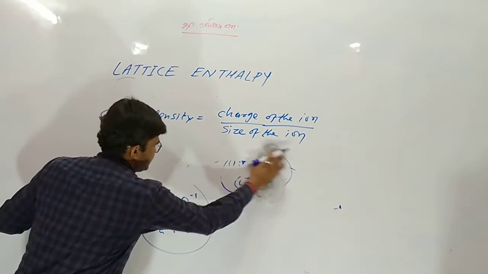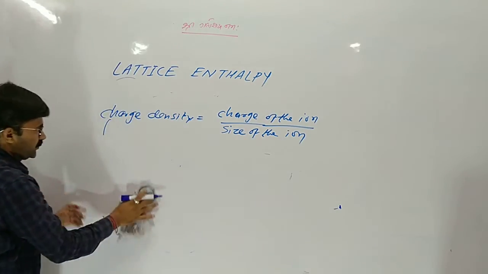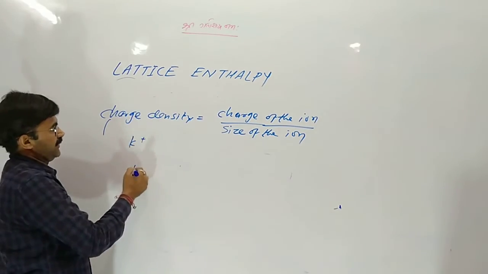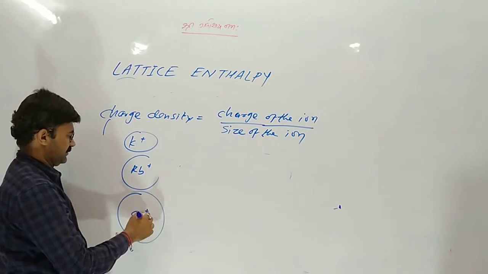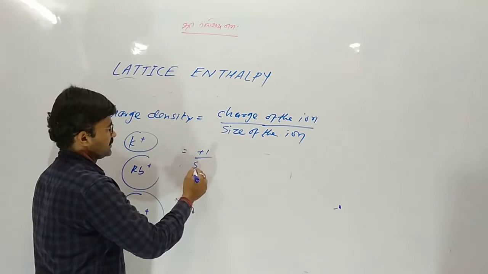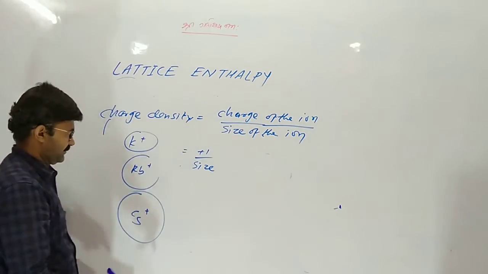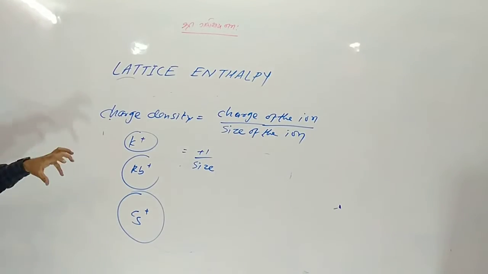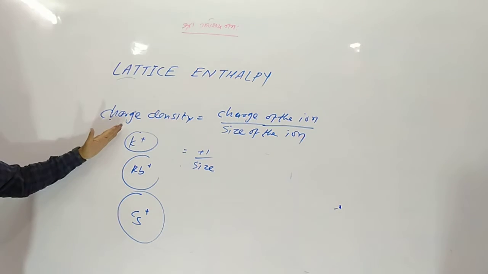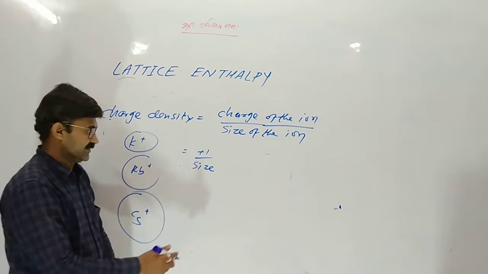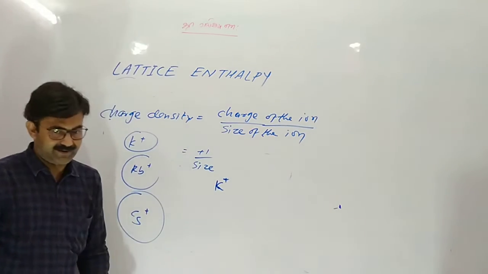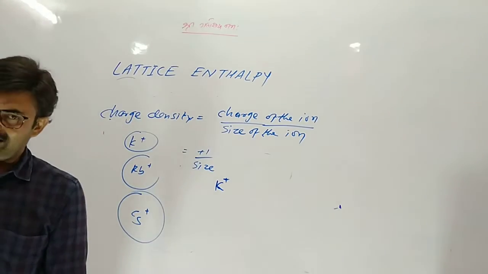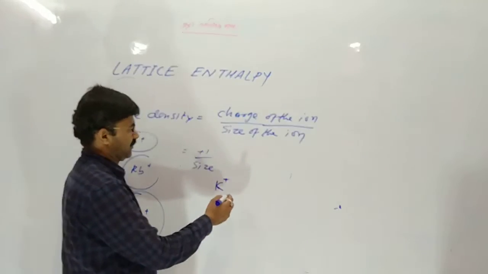In the case of potassium, rubidium and cesium, what happens? Charge is 1, but size is very huge. So charge density is very low for potassium, rubidium and cesium. So they do not have great attraction like lithium and sodium. Slightly less attraction occurs toward oxygen.